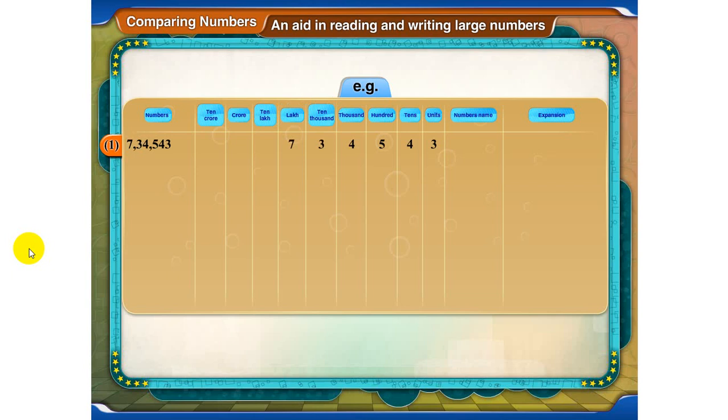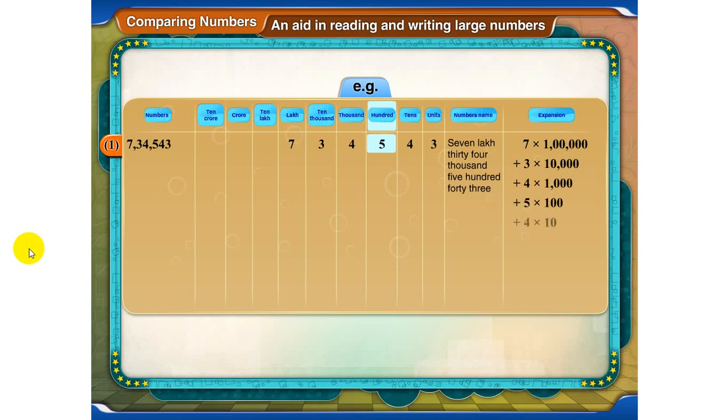Number name is 7,34,543. An expansion is 7 into 1 lakh plus 3 into 10,000 plus 4 into 1,000 plus 5 into 100 plus 4 into 10 plus 3 into 1.